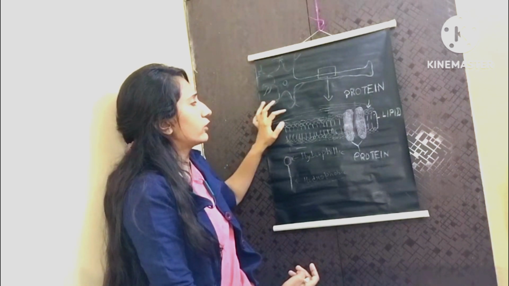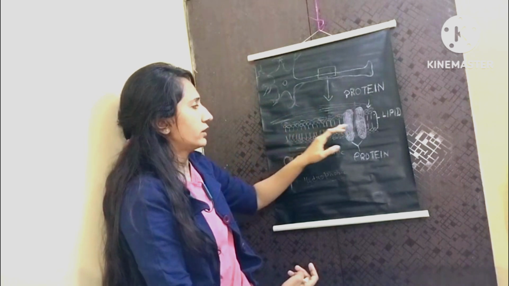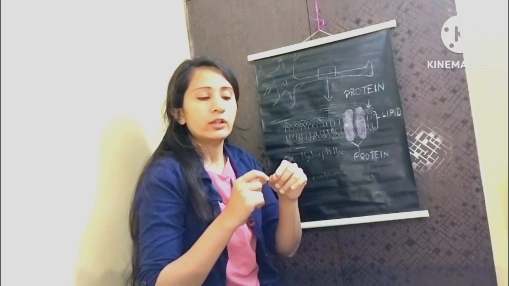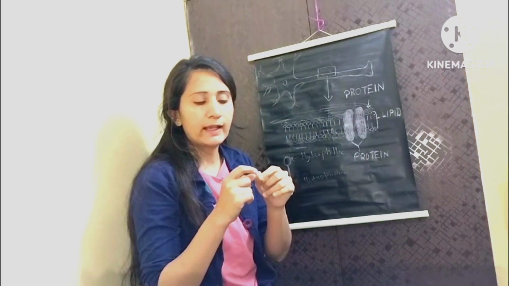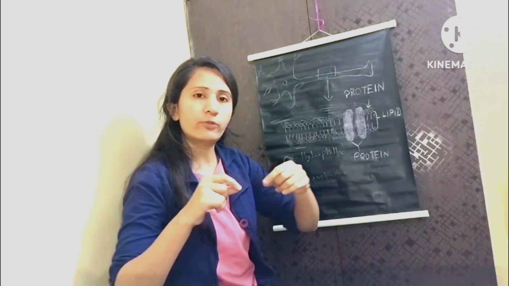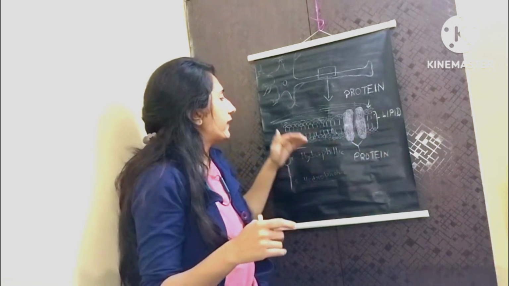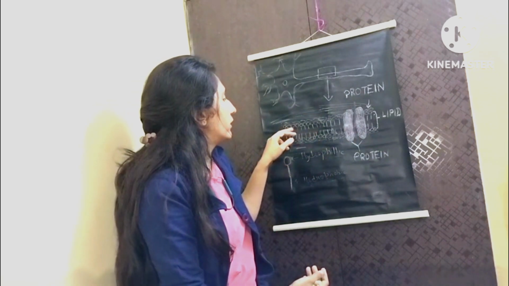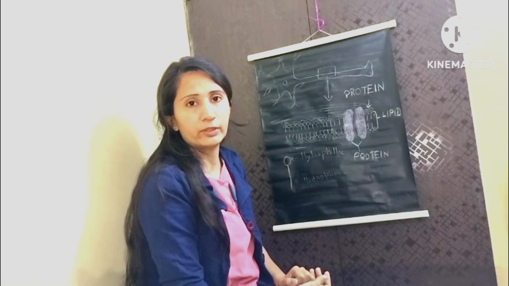The external layer of protein and the internal layer of protein are basically protein molecules arranged loosely, in a chain like pattern throughout this plasma membrane. Inside these 2 layers of protein, we can find a lipid layer, that is phospholipid.